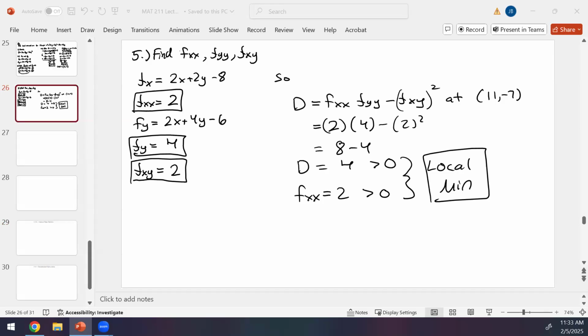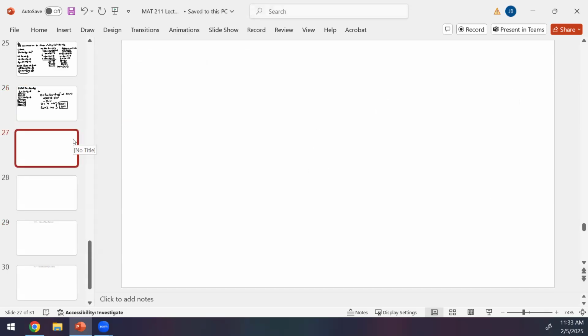So for the next example, we're just going to find the local extrema. And for this one, the critical points are going to be a little bit more challenging to deal with, but also we're going to have more than one critical point here.